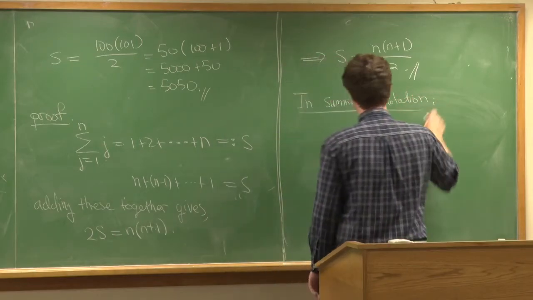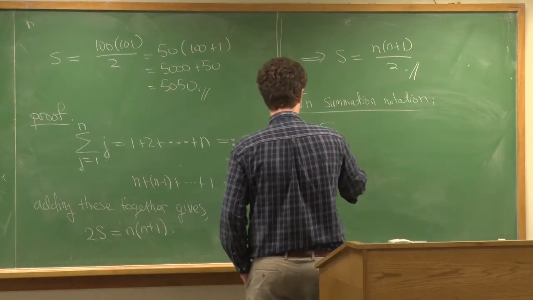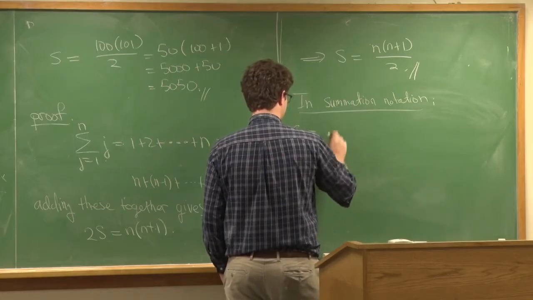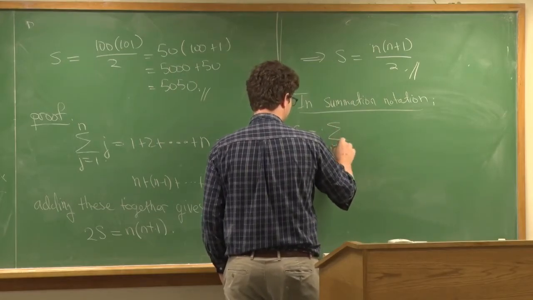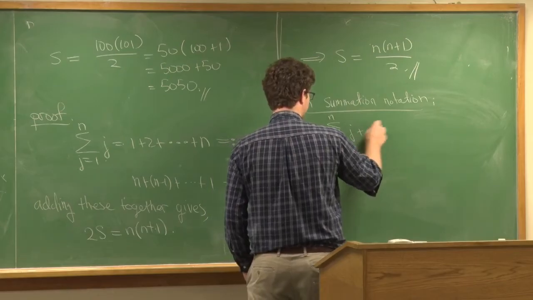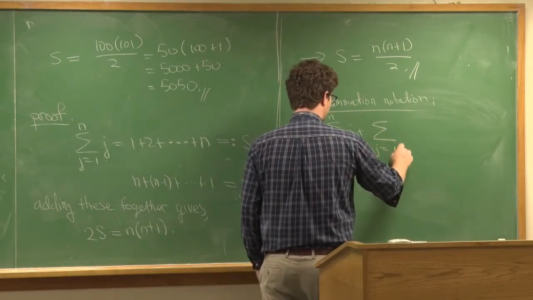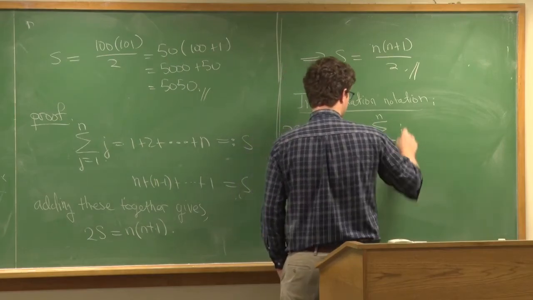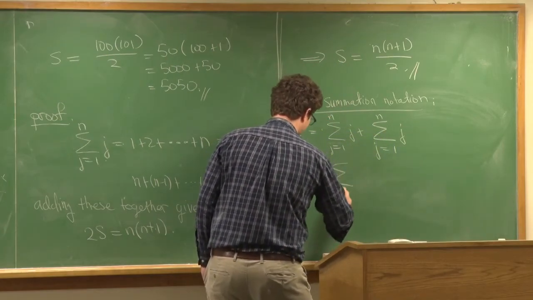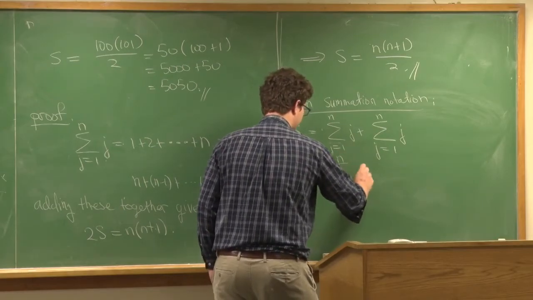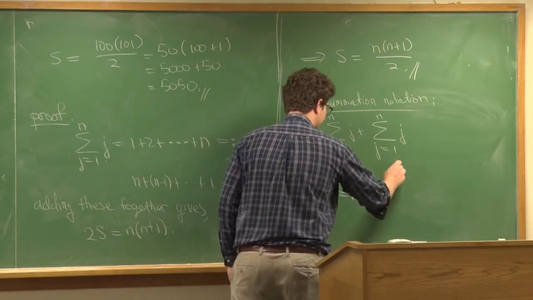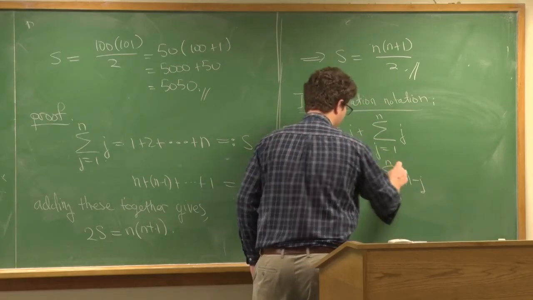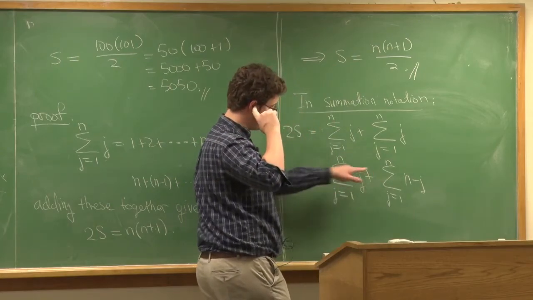So we really have this thing: 2s is equal to the sum, j equal to 1 up to n of j, plus the sum, j equal to 1 up to n, and this is also j here. But the trick was to observe that, and then I'm going to do n minus j like this.